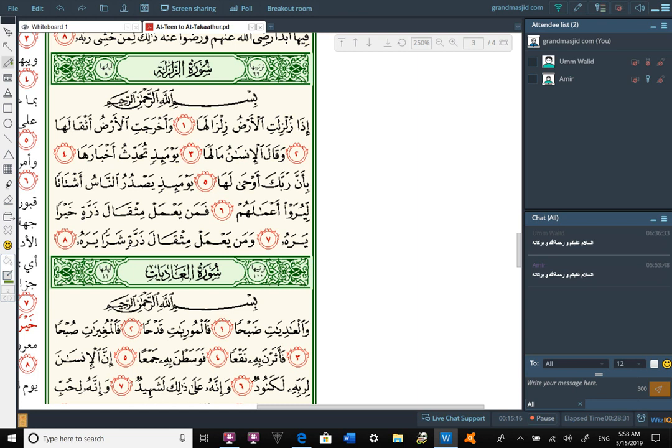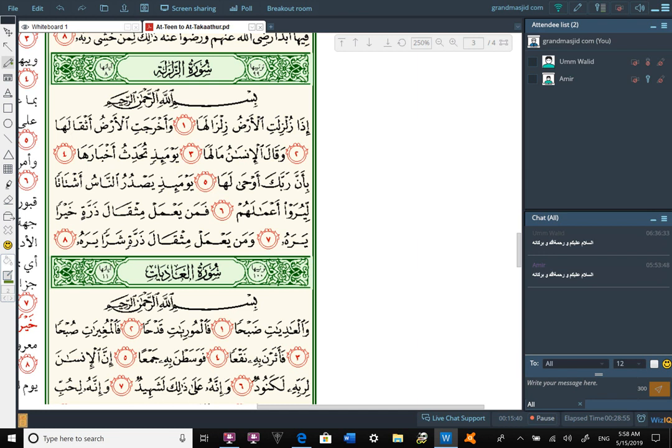بِأَنَّ رَبَّكَ أَوْحَى لَهَا. بِأَنَّ. B here is a harf jar, right? B here is a harf jar. Anna, right, is a harf nasikh wa nasib, and it means emphasis. Bi-anna.